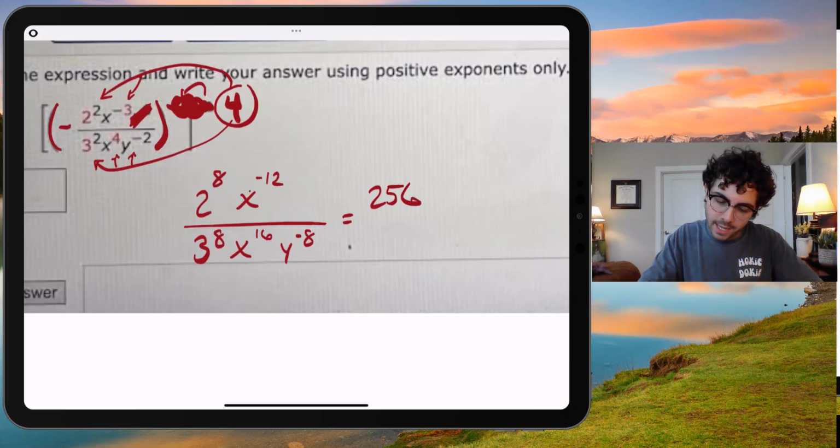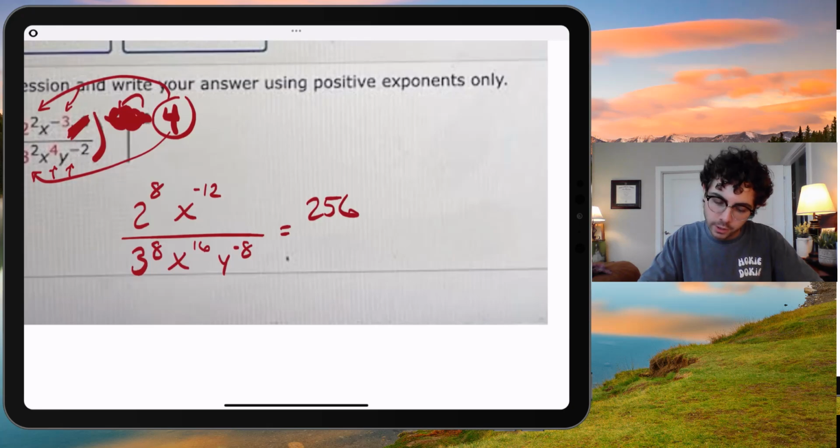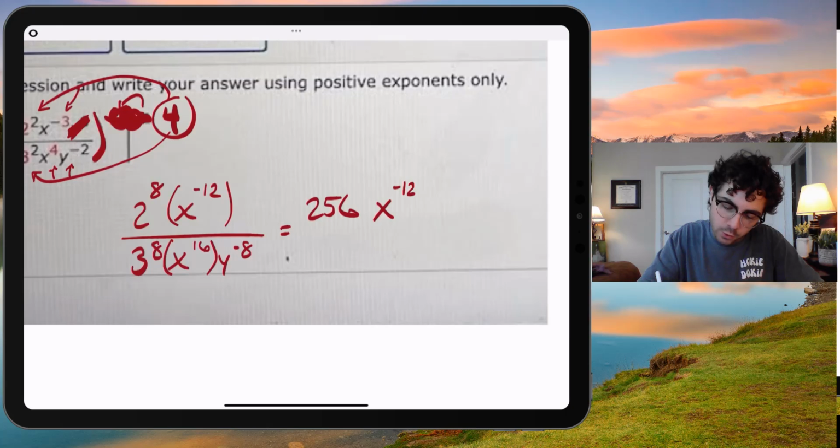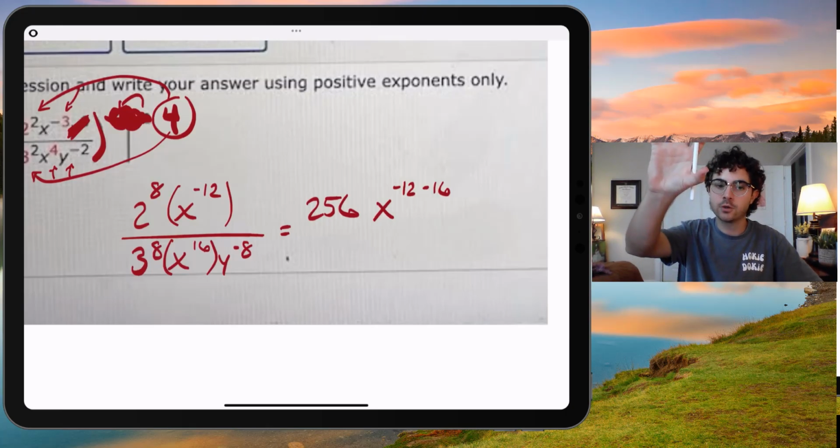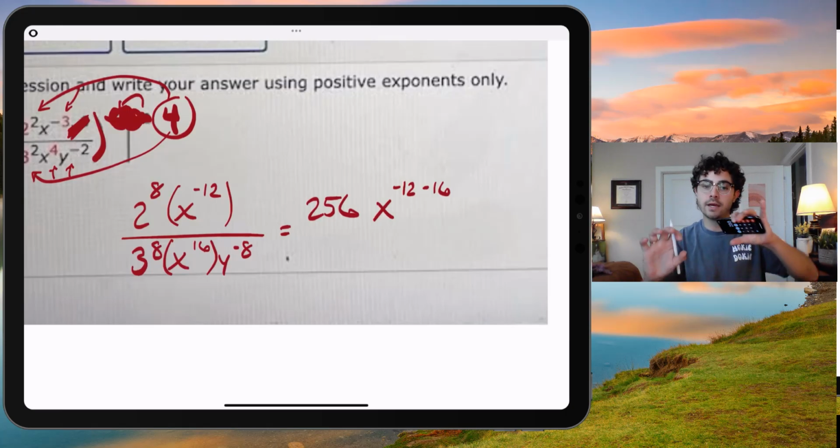And let's talk about the x's here. A couple different ways you could look at it. If you see an x to the something divided by an x to the something, if you prefer using the rules where it's a minus b, you can do x to the -12 minus 16. You subtract the exponents. Or you could have moved the x to the 12 to the bottom, and then you would have had on the denominator x to the 16th times x to the 12th.